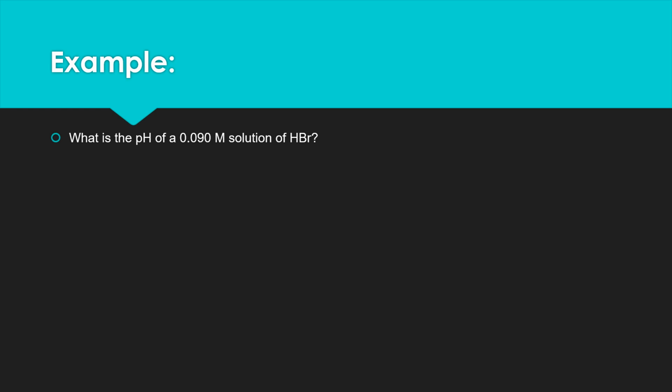So let's take a look at another example here. It says, what is the pH of a 0.090 molar solution of HBr? So if we think about HBr, breaking down, we'd have hydrogen ion and bromine ion, bromide. So if this solution is 0.090 molar, then it's a 1-to-1 ratio with our hydrogen and our bromide.